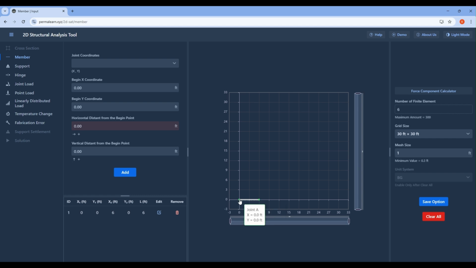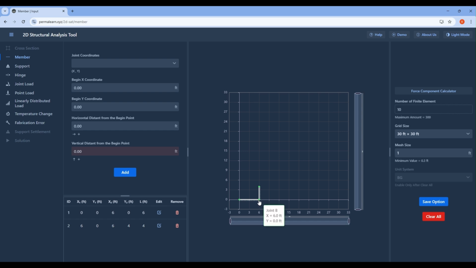And the starting point here has the x coordinate equal to 0 and y coordinate equal to 0. And then I want my point B here to go upward 4 feet. So I need to click join coordinate here to point B. And then I put a vertical distance here of 4 feet because I want it to go upward.